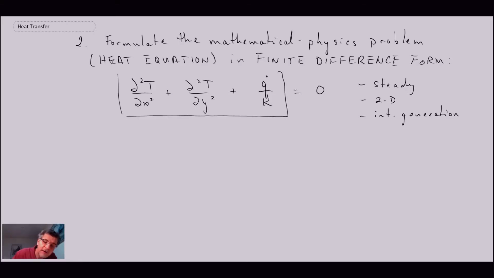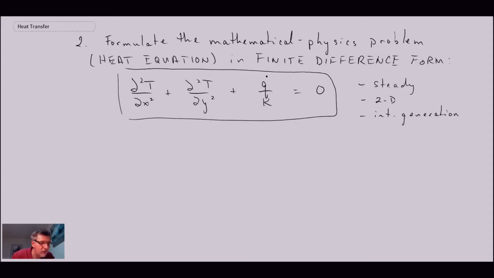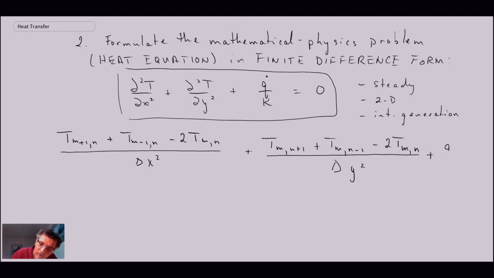Now, we want to be able to express that in finite difference form. And so going through a process that I will get into in the next lecture, the following would result. So that's what the finite difference version of the heat diffusion equation would be transformed into.